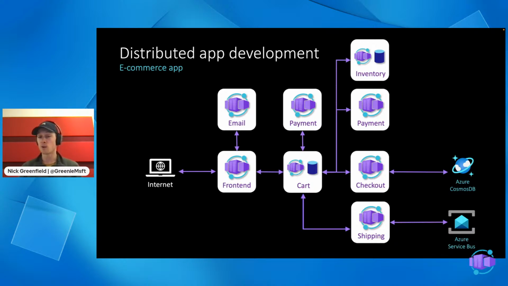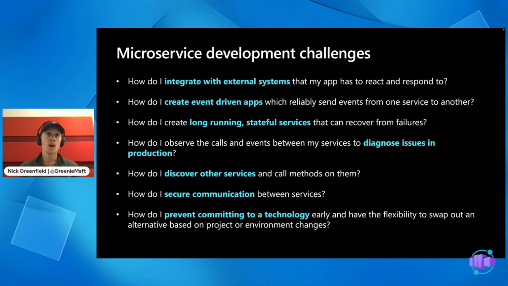But what I think is often overlooked with microservice architectures are the challenges that are introduced, or the complexities when working on an application like that, especially the developer challenges they encounter when having to architect and implement a system like a microservice architecture. So on my screen here, I have a list of some of these microservice development challenges. We don't have to go through these one by one.